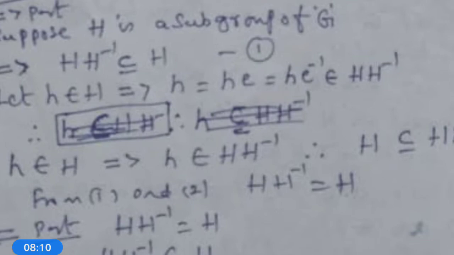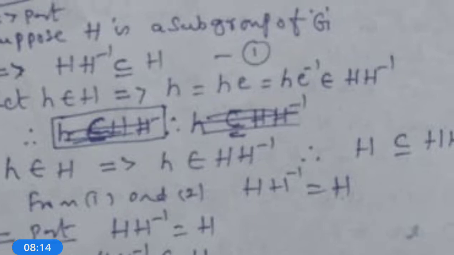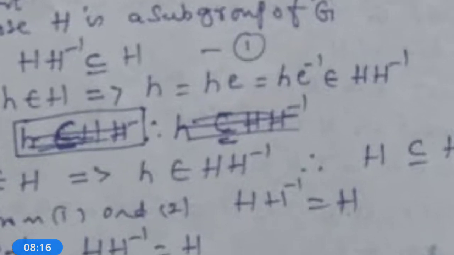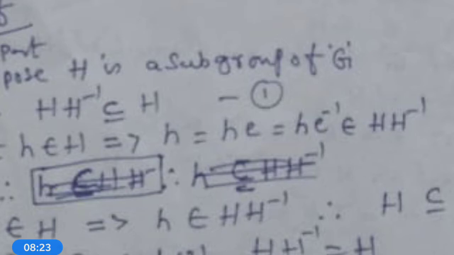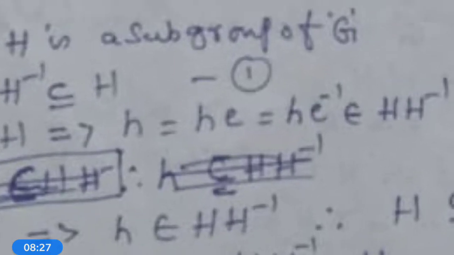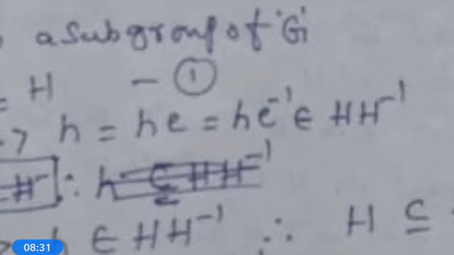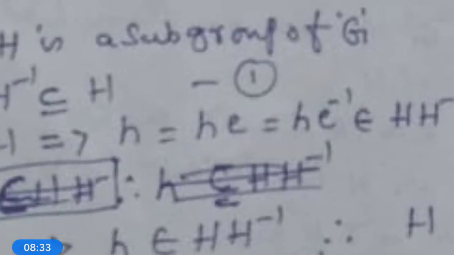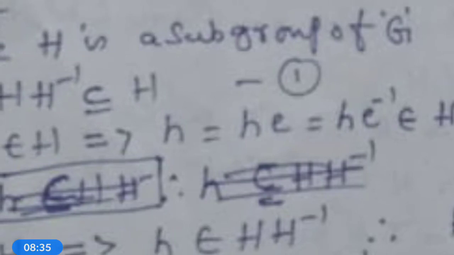Now, let small h belong to capital H. Implies h is equal to h e, because H is a subgroup, that means it has the identity element e. Therefore, h is the same as h e. Implies h e inverse belongs to H H inverse.